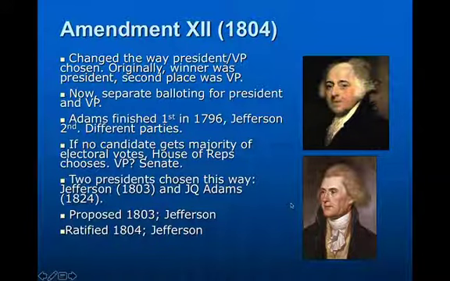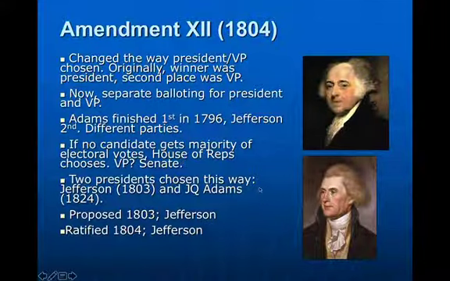And so what the 12th Amendment does is place people essentially as running mates. It changed the way we do the ballot system. Two presidents were chosen this way, Jefferson and John Quincy Adams, at least that's for the tiebreaker in the House.